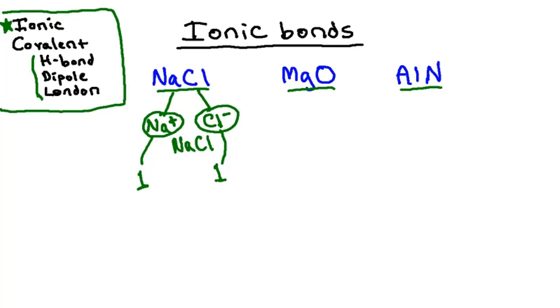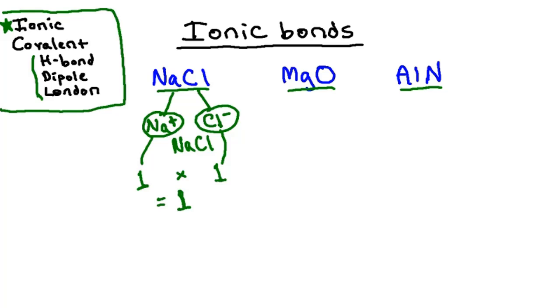So for getting the plus and the minus, we're just going to take the number of charge it has, in this case 1, and we're going to multiply them together. So 1 times 1 equals 1.